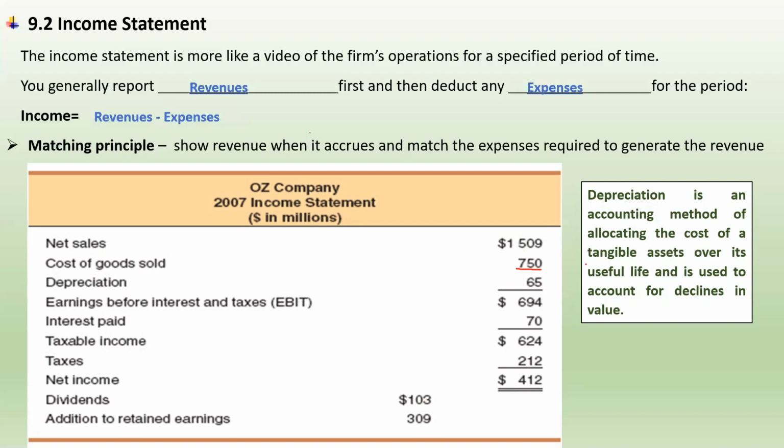Interest paid is a cash outflow to debt holders, and the tax is a cash outflow to the government. The only thing that is not a cash outflow is depreciation. It's only an accounting number.